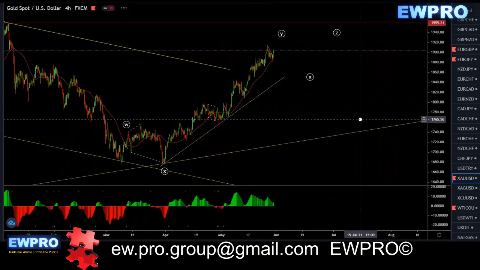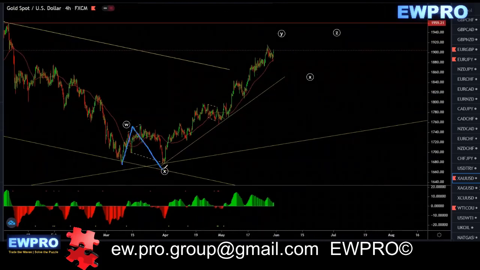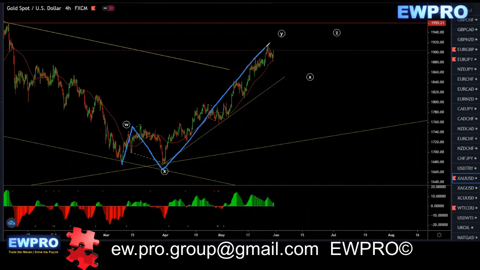Again, gold, I'm looking at it as a WXY, an extended wave, and then we'll get that X2. You're better off to wait for the larger correction now, something like this or something like this. Really need that larger correction unless you're going to scalp.